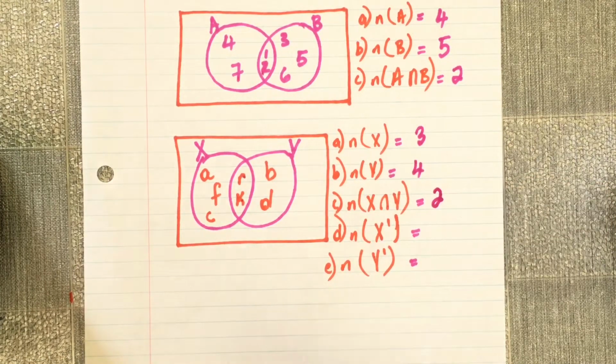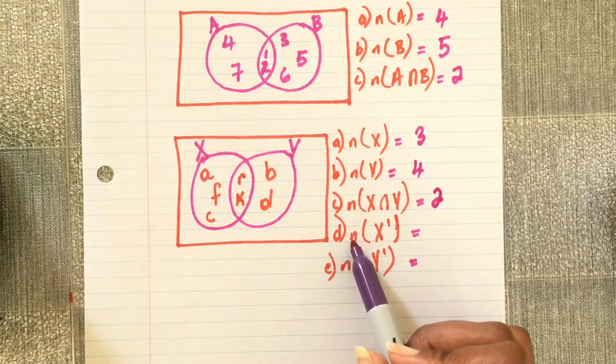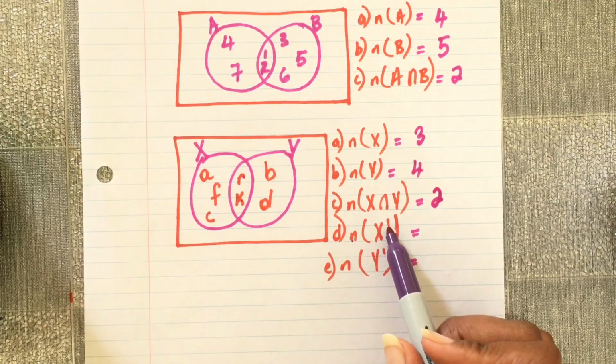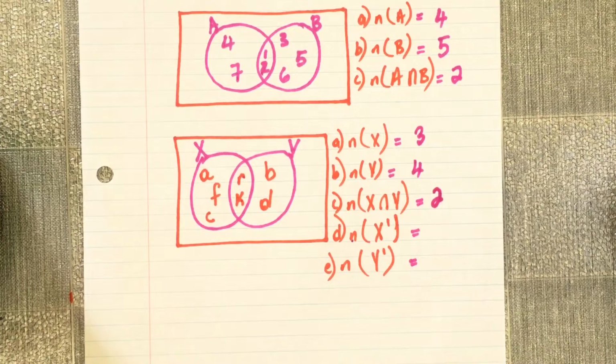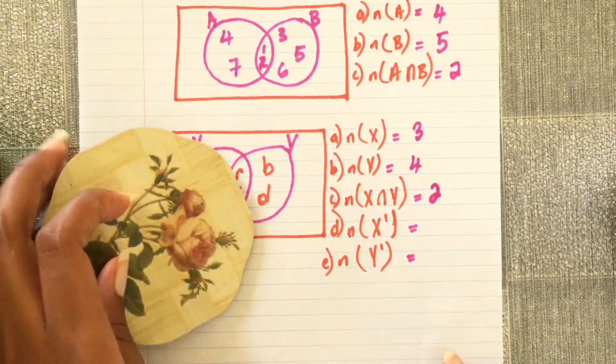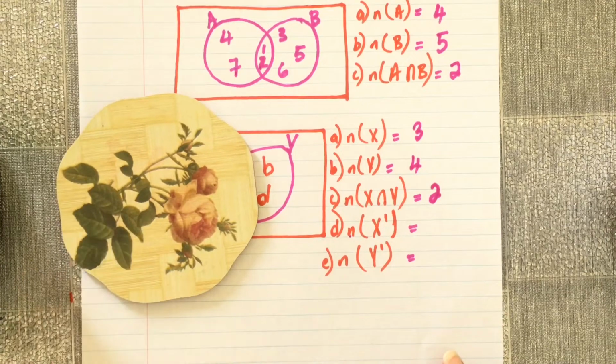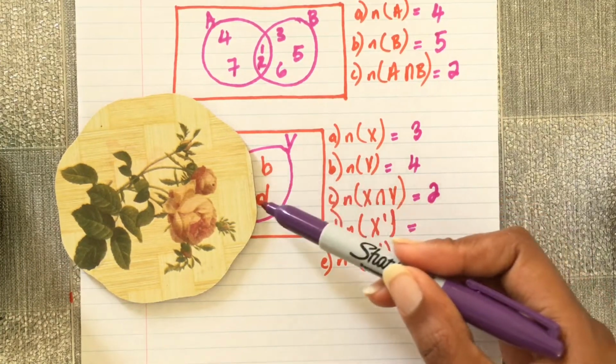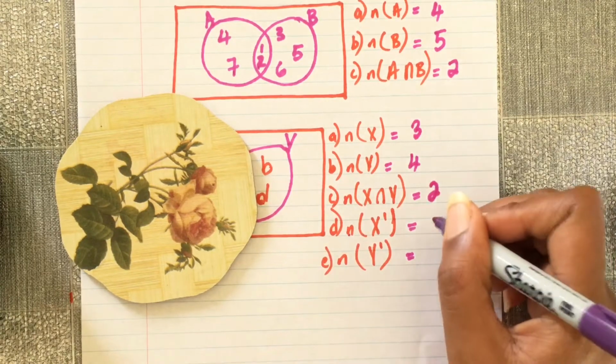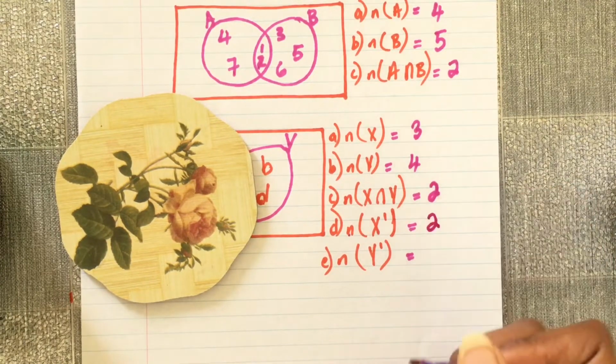And for D, we have the number of elements for X complement. Remember that when they're dealing with the X complement, they're talking about the elements outside of X. So what I'm going to do is cover those elements in X. If we cover the elements in X, we would realize that the leftover elements would have been 1, 2. So the number of elements for X complement would have been 2.